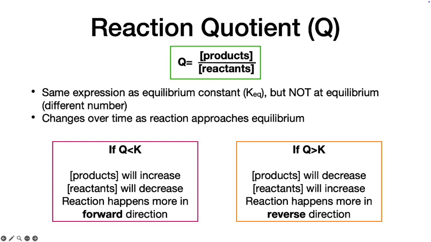What we would then push to is what is the relative value of Q versus K. Those relative values are now going to dictate what our reaction is going to do to re-achieve our equilibrium, because all of our reactions are going to strive to get to equilibrium. If this is something that you don't think you can memorize or maintain, what should you do? Write it on your cheat sheet.